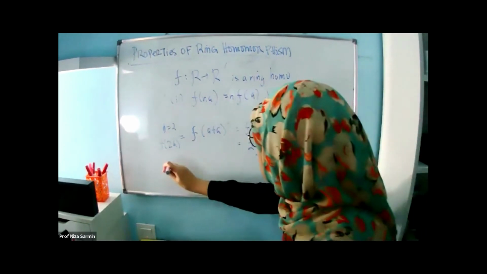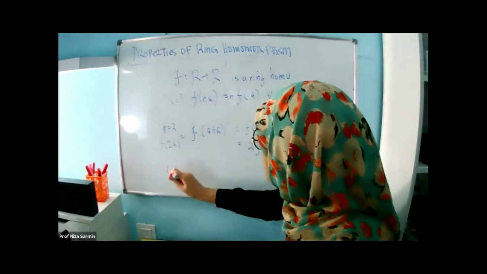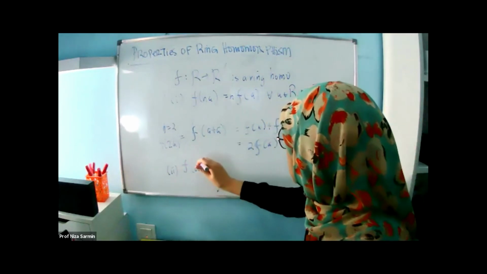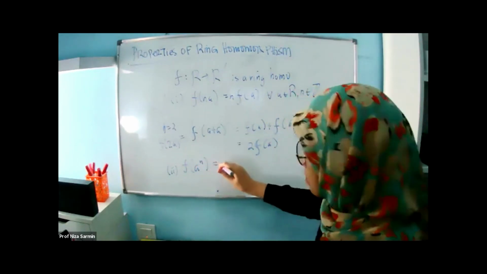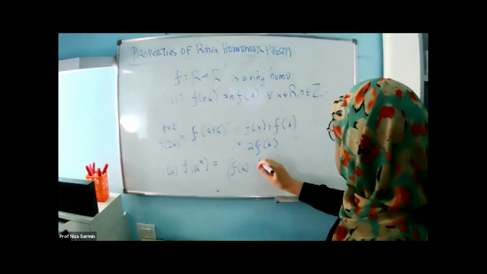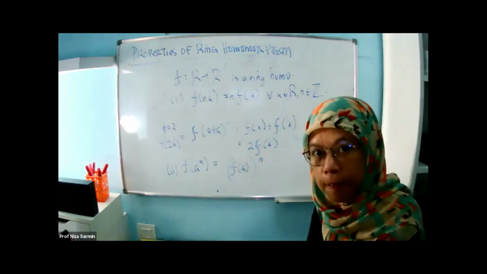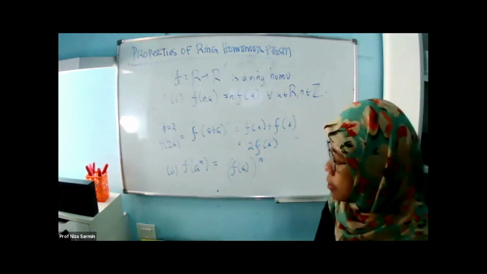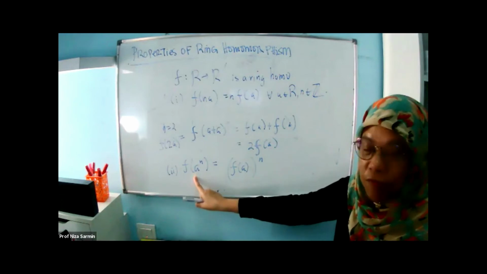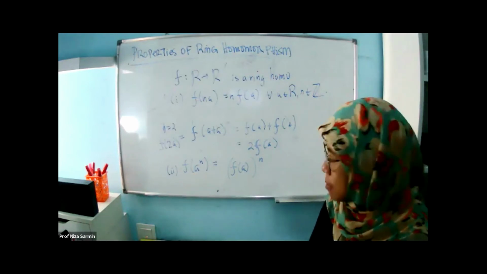The second one is multiplication. f of A to the n is f of A to the n. The same thing, right? The proof is like this.